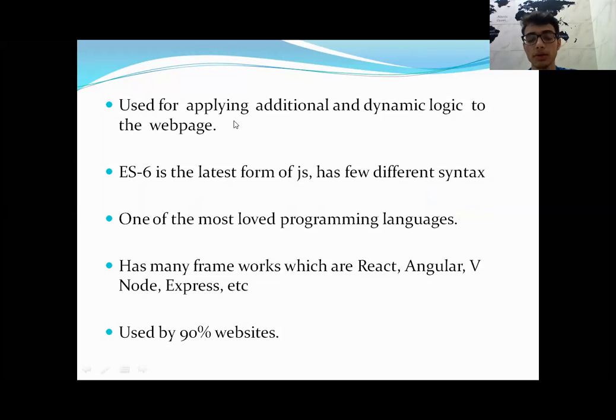It's like the brain of the body: the skeleton of your website will be HTML. Then, like people wear clothes and style themselves, that is done using CSS for your web page. And what JavaScript does is, it is the intellectual part of yourself, like how well you think and how well you can add functions in your web page.